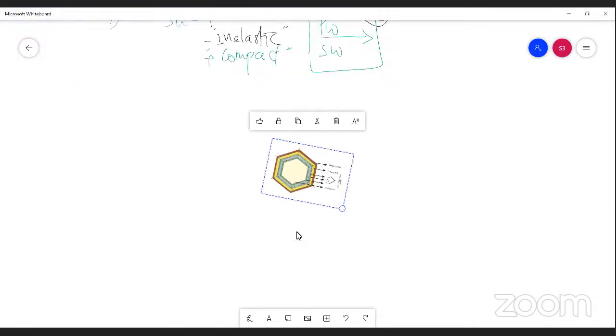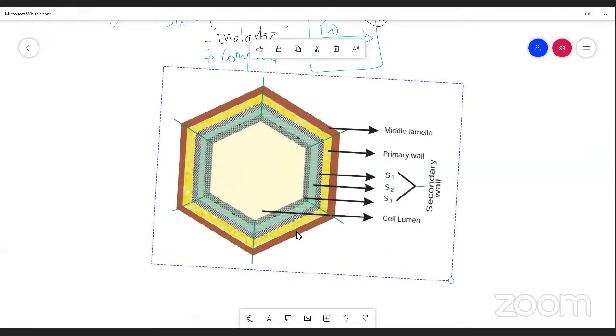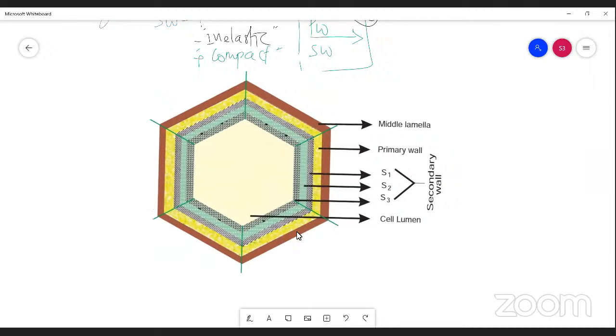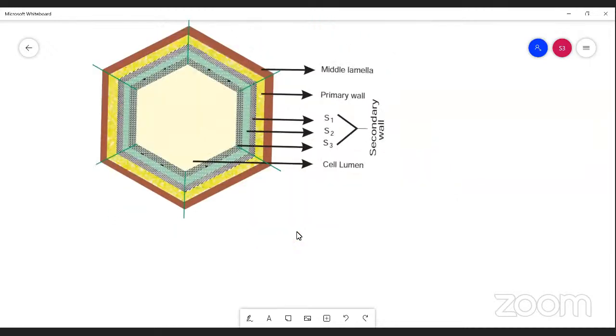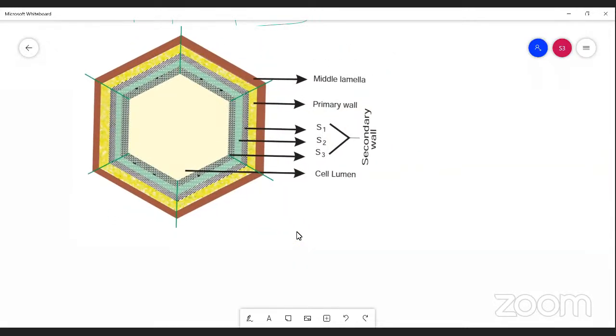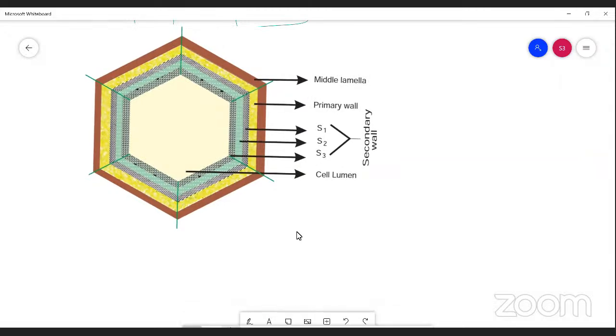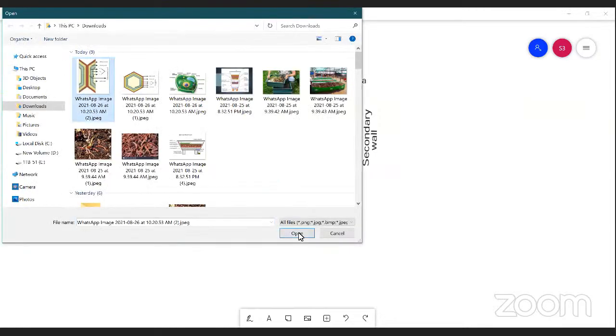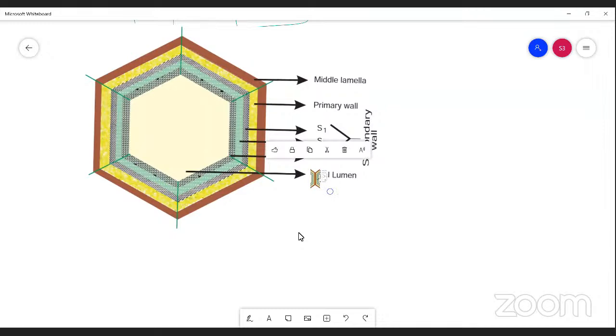Now, if you take a plant cell, you can understand this structure is differentiated, and the outermost layer is the middle lamella. Okay, and one more structure I want to show you. If you take a secondary wall, in order to find the middle lamella, I'd like to enlarge.